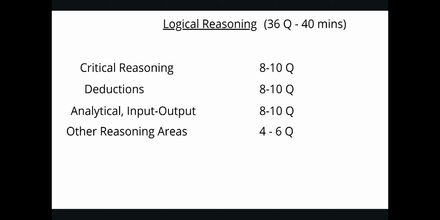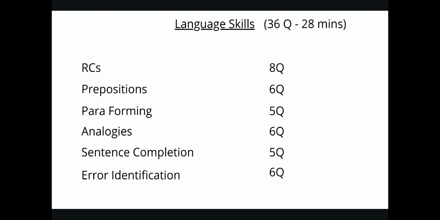If we talk about the language skills, the time taking thing is the RCs. RCs take more time. If you have two RC sets, with 4 questions in each RC set, you can solve those two sets.